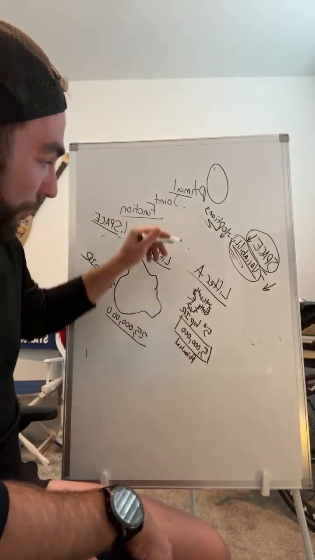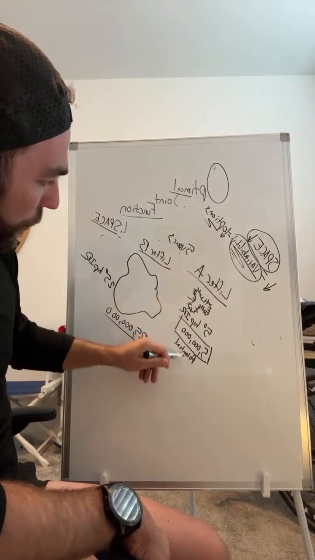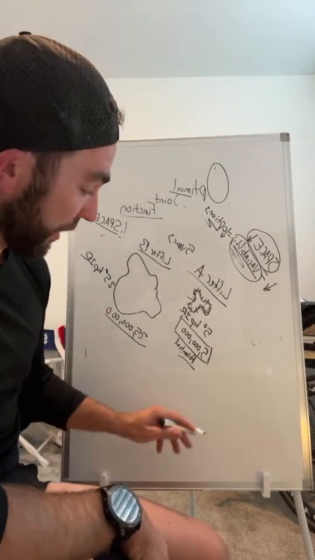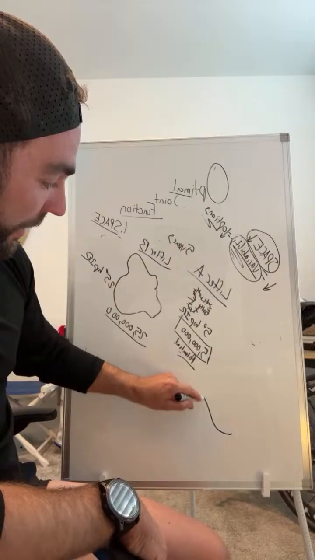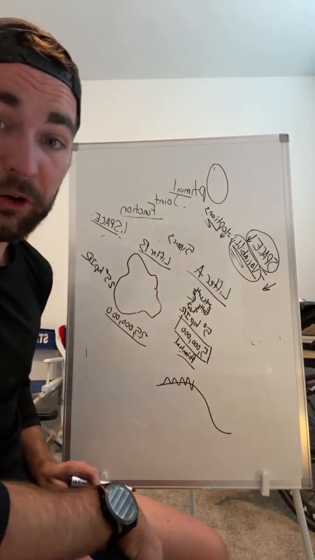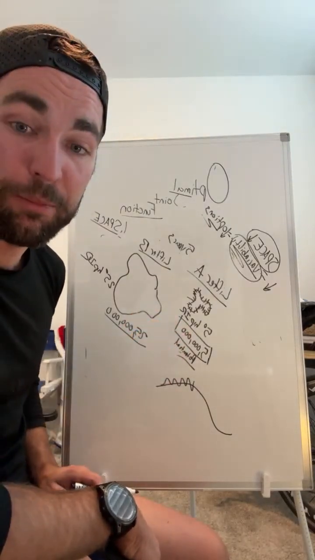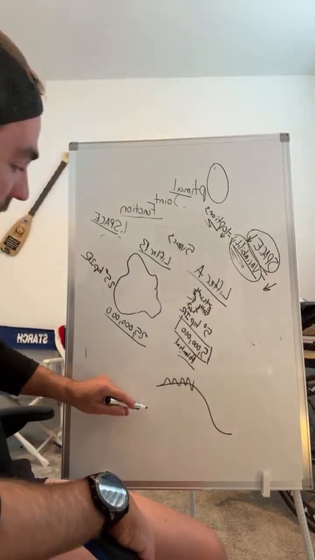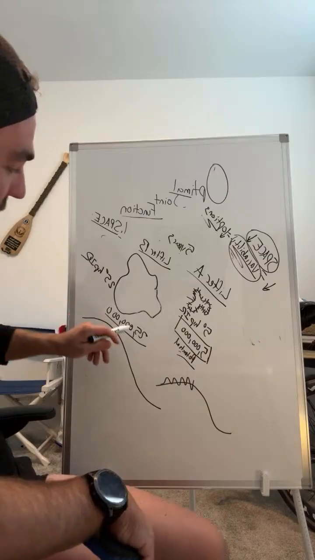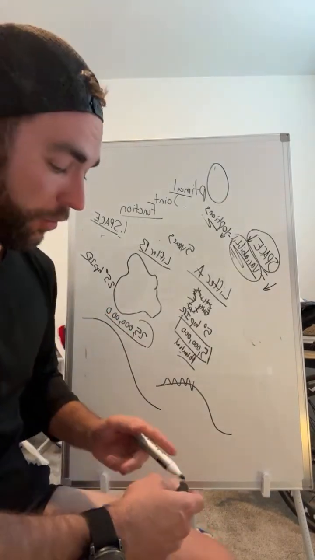I want you to think after 5 years, if we train these two for 5 years, where's lifter B at? Way higher than lifter A, because lifter A went here and they ran out of tissue to train, so they're in Plateauville because they adapted all those tissues as much as they can. I want you to think lifter B, it's going to take way longer to reach a plateau because they have so much more tissue available to train, right?